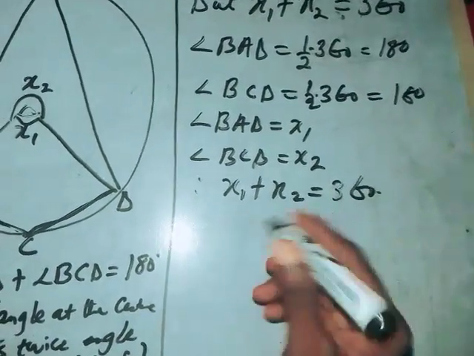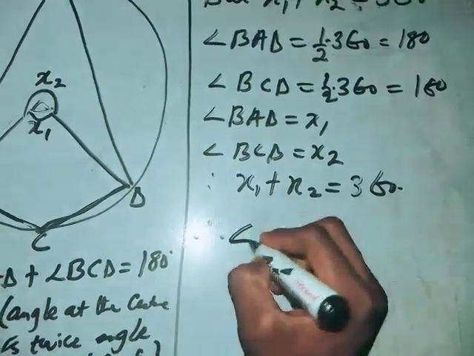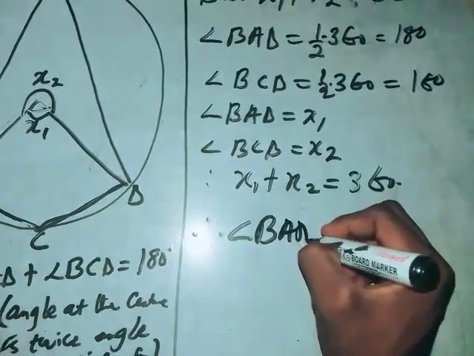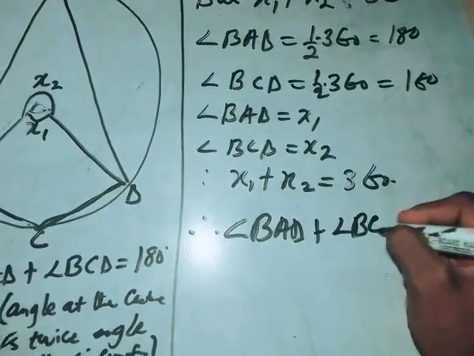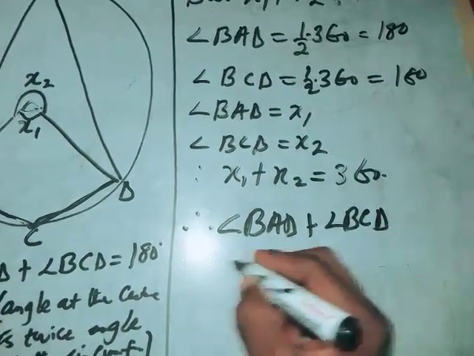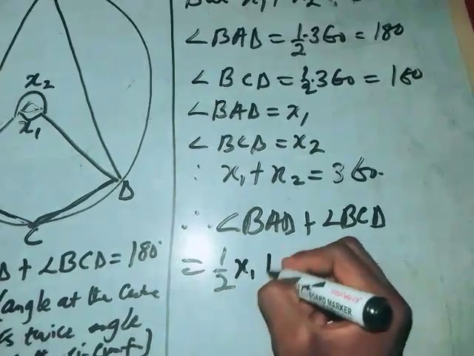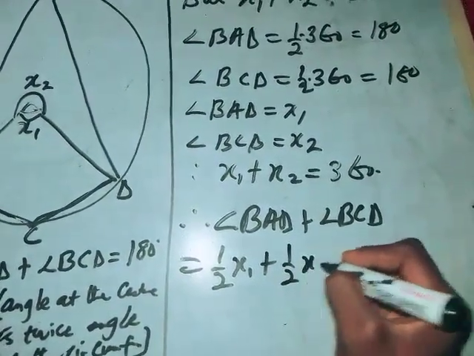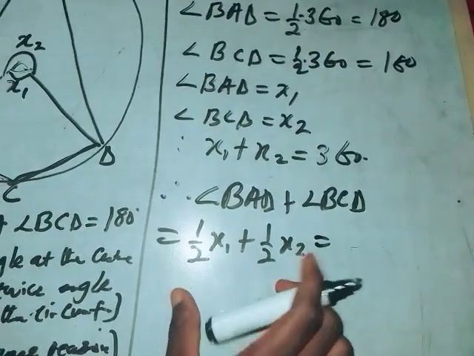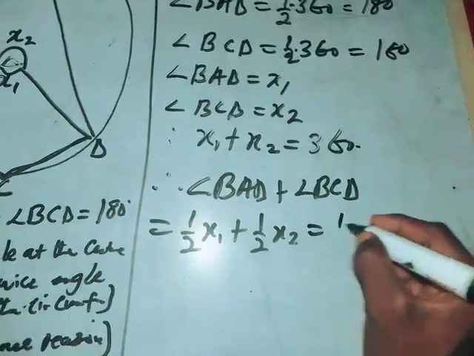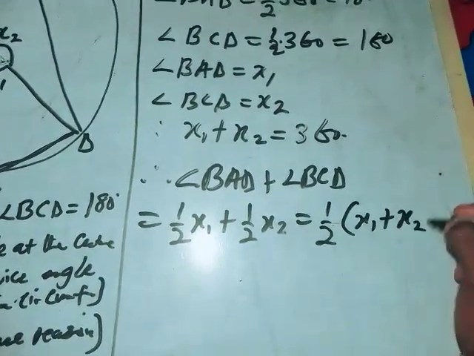Therefore we can show that angle BAD plus angle BCD is equal to 1/2 of x1 plus 1/2 of x2, which is 1/2 of x1 plus x2.